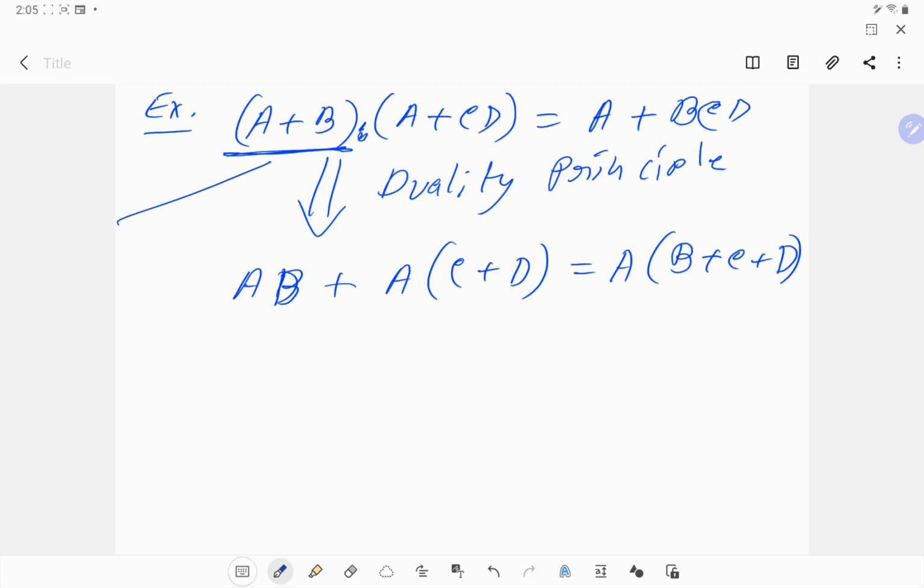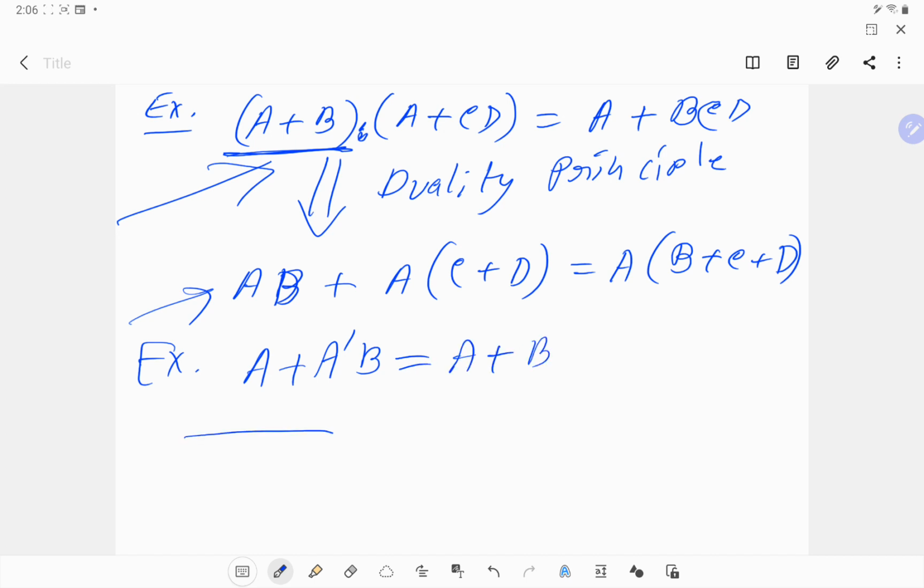So if the first equation is correct, then the second, the dual form of the equation, is also correct. Let's see another example, that we have the equation A plus A prime B equals A plus B. So then the dual version of this equation would be A times A prime plus B equals AB.